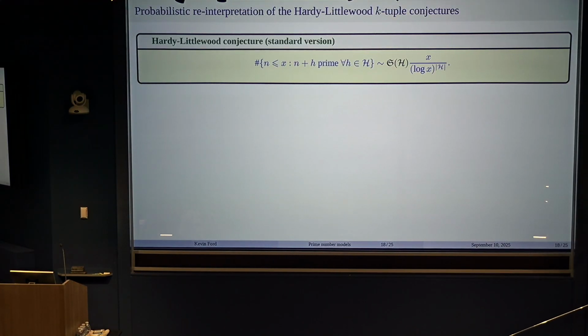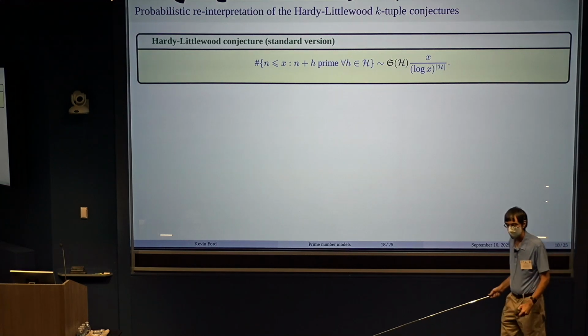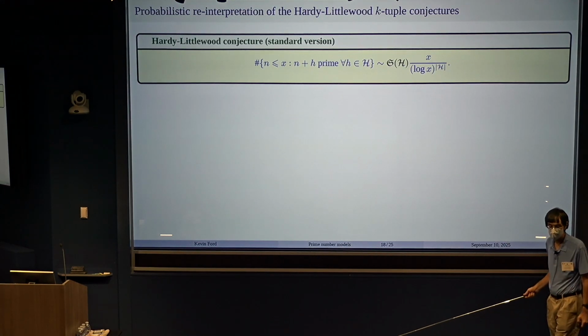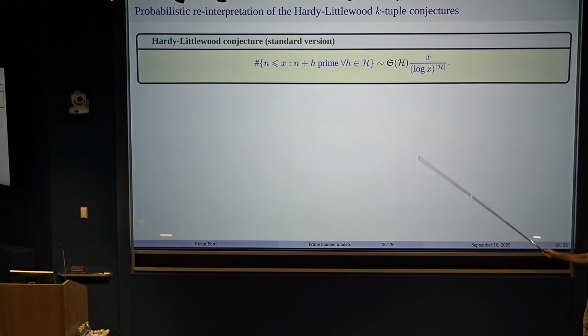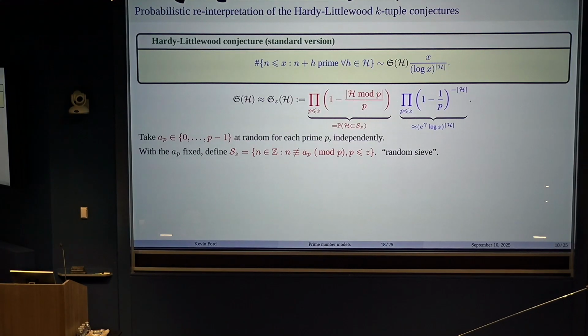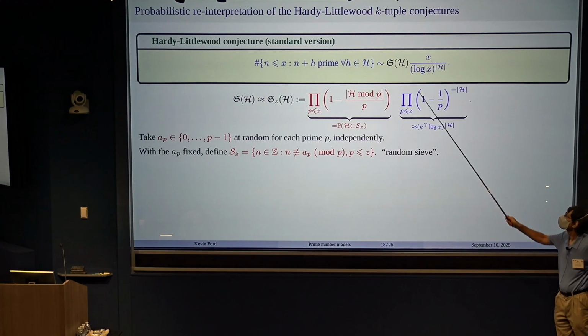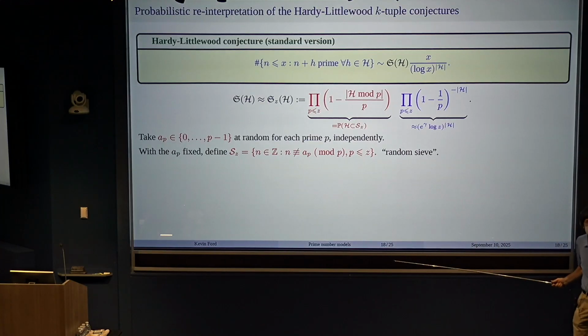Now I want to talk about a new model, which I have with Bill Banks and Terry Tao. Again, I'm not going to worry about error terms. This is just the standard Hardy-Littlewood conjecture. I want to decompose this Euler product into 2 pieces and analyze each piece separately.